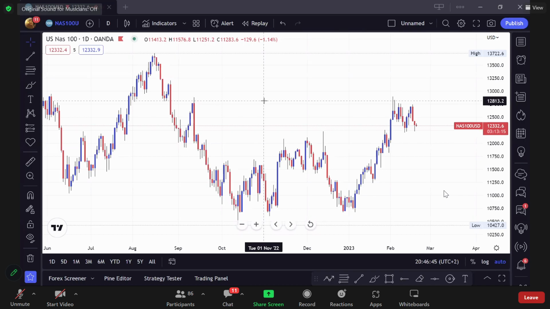Okay, so that's the difference between a change of character and a break of structure. A break of structure will respect the trend, and a change of character will start the trend. Marco, can you please repeat that for us? Okay. A break of structure, be it either bullish or bearish, will respect the trend.